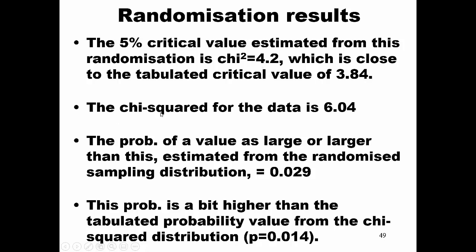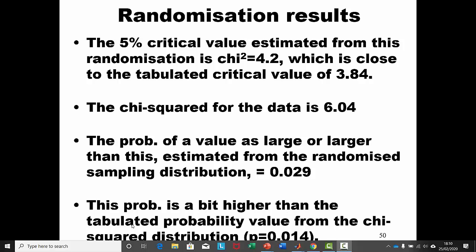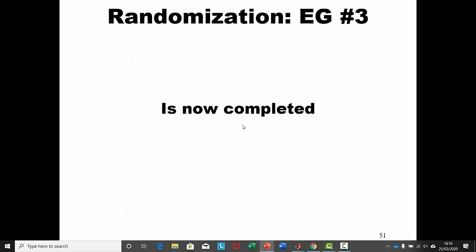So we have a chi-squared test statistic for the data of 6.04, and so the probability from our resampled randomized distribution of a value above 6.04 is obviously less than 5%. It's actually 2.9%. And that probability is a little bit higher than the classical probability. Assuming the chi-squared test is suitable for these data, that would give us, as we've already seen, a p-value of p equals 0.014, 1.4%. And that's the end of the third randomization example.